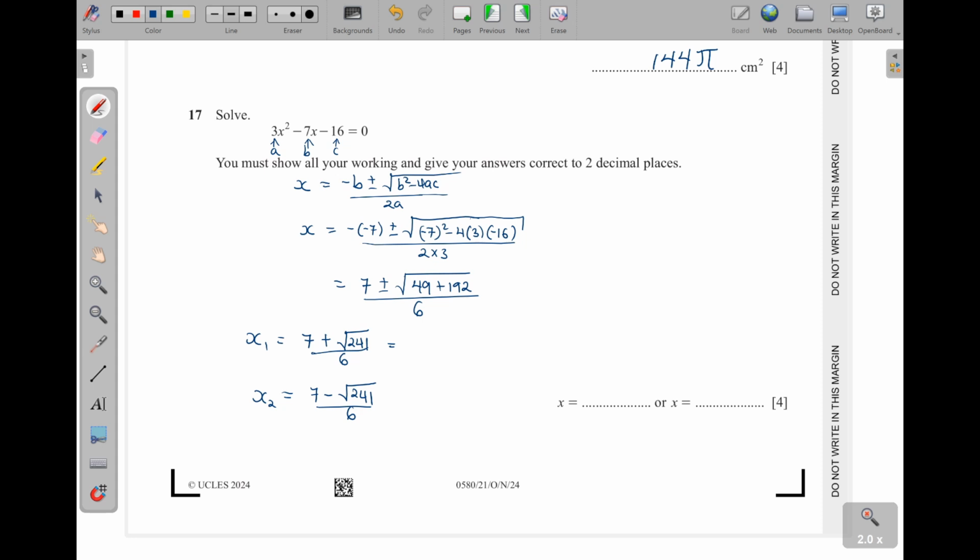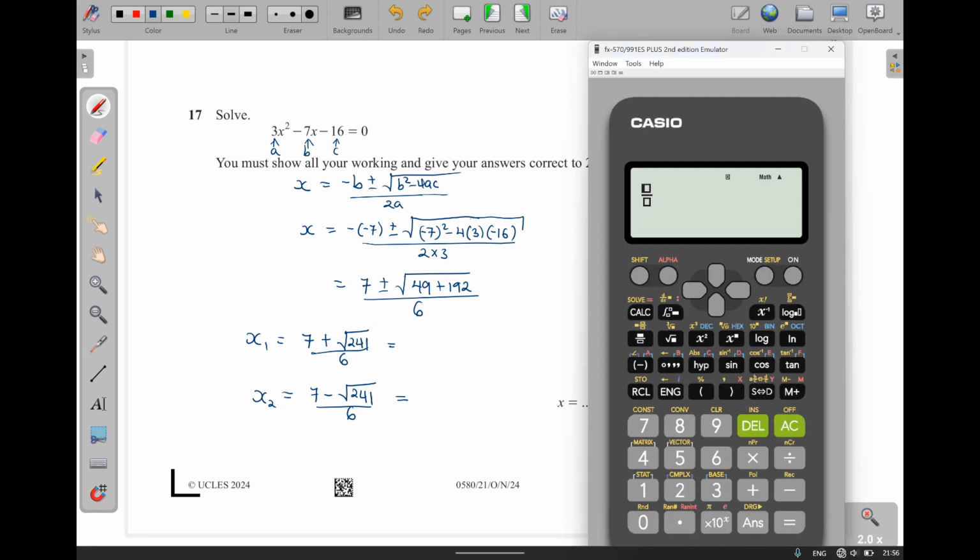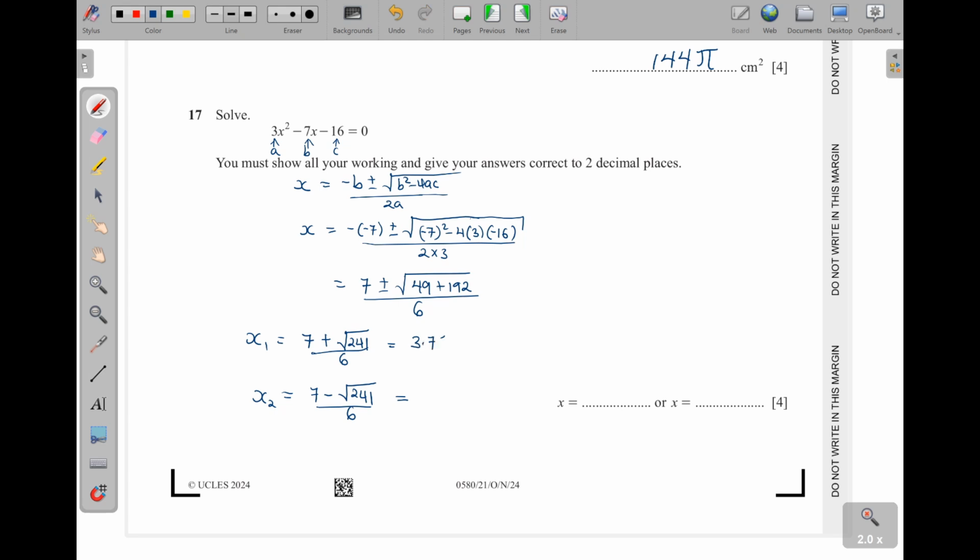And then these ones are going to give us values. So let's check 7 plus root of 241, then out of 6, what do we get? We get 3.75, and the rest of those figures, so 3.75.